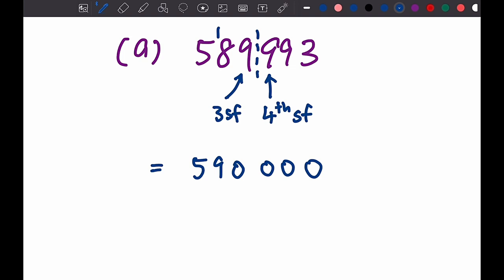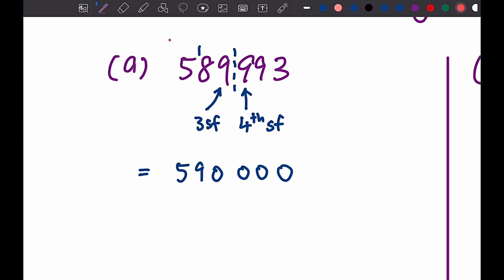A very useful understanding here is, let's look at the first SF. This digit 5 is in the 100,000s place, and therefore in your final answer, it is also supposed to stay in the 100,000s place.